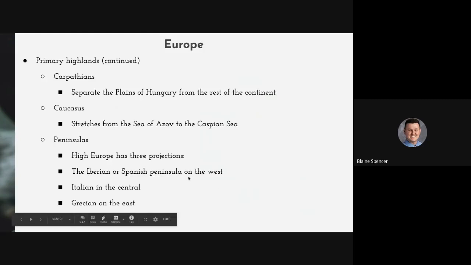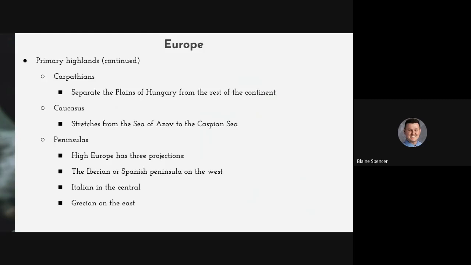All right, we see that within here, the peninsulas are of High Europe. Okay, of High Europe, which is where Norway, Sweden, Finland is. It's going to be broken into 3 sections. Okay, High Europe, my bad. High Europe is going to be the Iberian or Spanish Peninsula to the west. Okay, Spain, Portugal, which is going to be separated off from the Pyrenees.